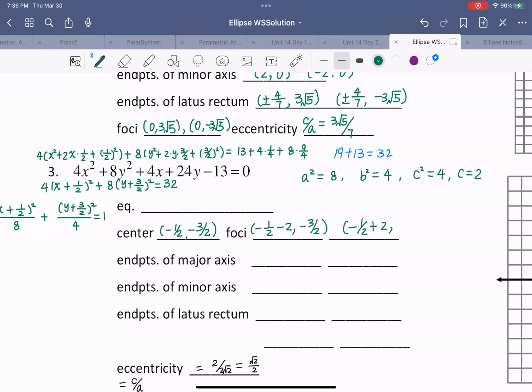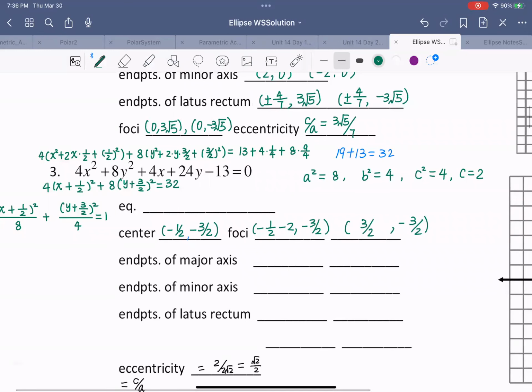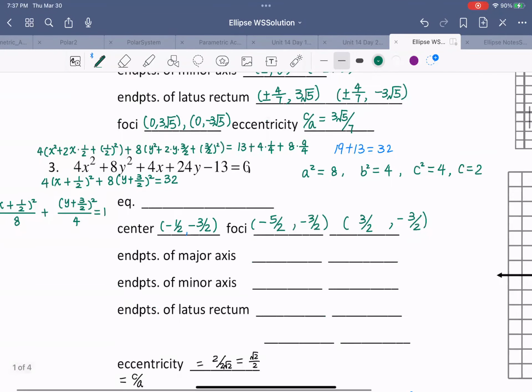Does this make sense now? Let's do this guy. Change this to an improper fraction. How much is this? Positive 3 over 2. For this one, negative 5 over 2. Make sense now?